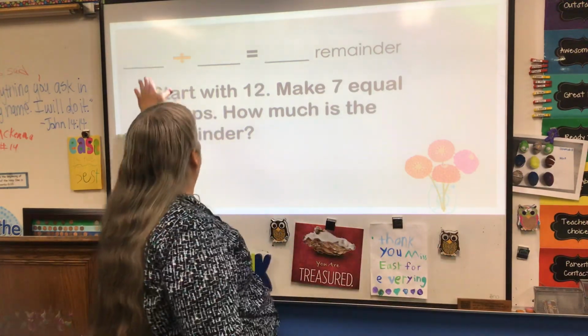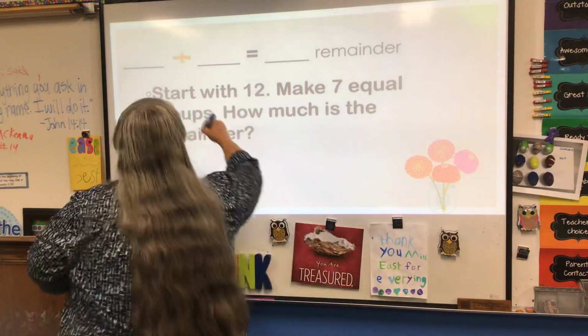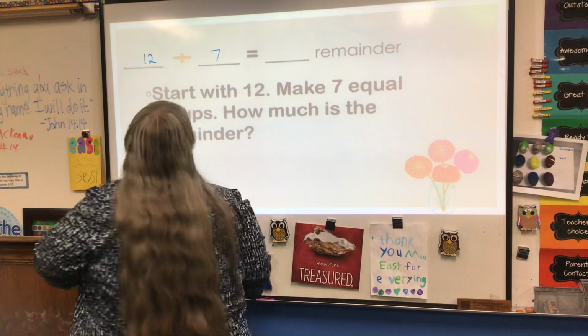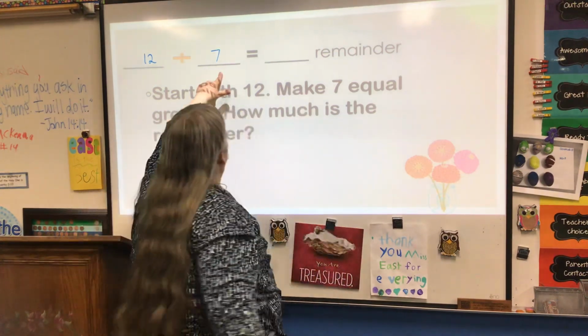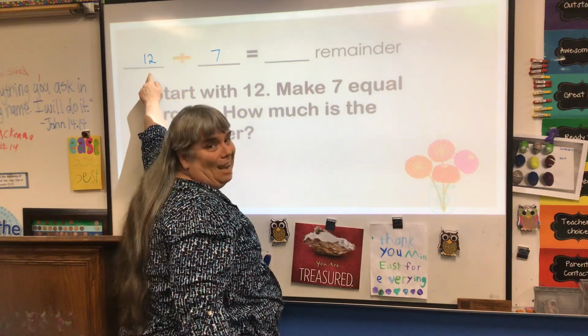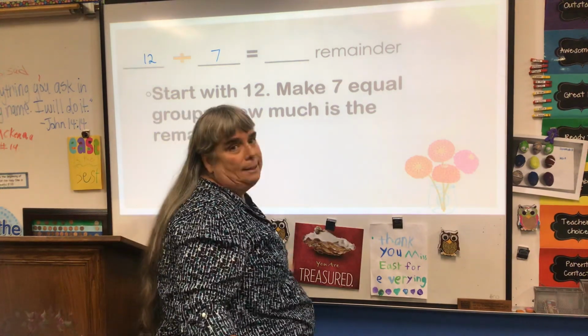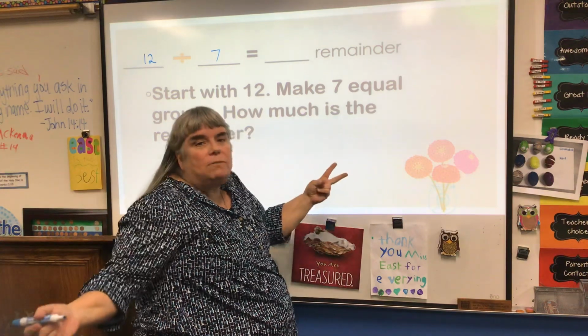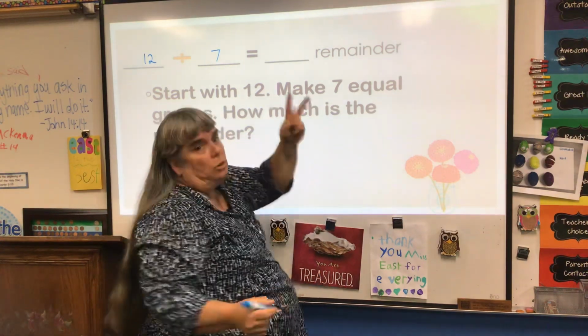Okay, here's a new one. 12 divided by 7. So some number times 7 is going to come really close to 12 without going over. Not that hard. We're going to skip count by 7. 7, 14. Oh no, we just went over, so we can't use 2.